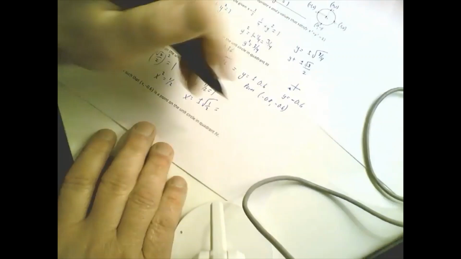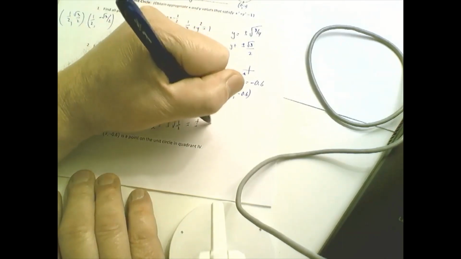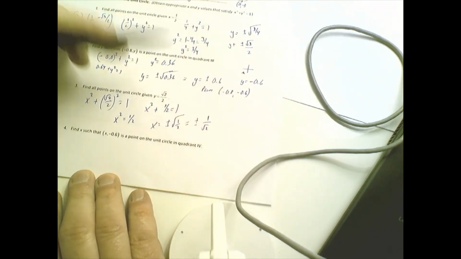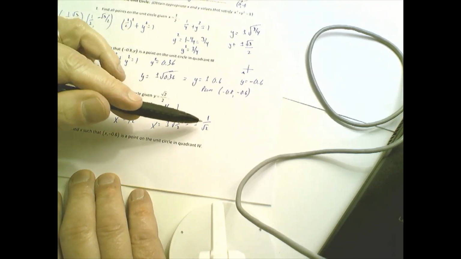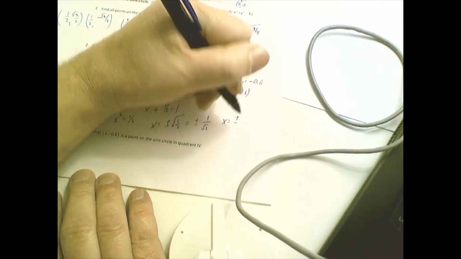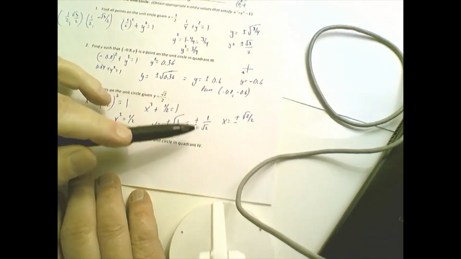x equals plus or minus the square root of 1/2. Well, square root of 1 is 1, divided by what? Square root of 2. You can take the square root of the numerator and the square root of the denominator. Rationalize to get to your final point, and I'm going to say x is equal to plus or minus the square root of 2 over 2, multiplying top and bottom by square root of 2.